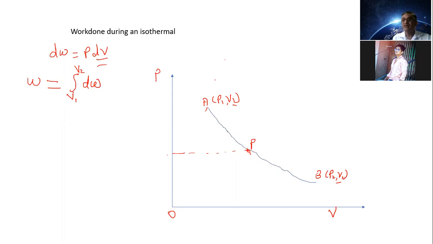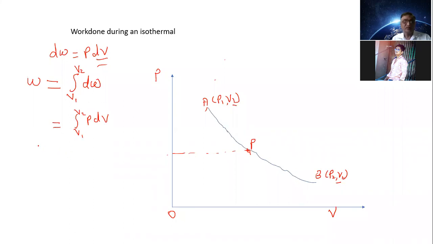That's why the integration limits are V1 to V2. But dW is equal to PdV. We can put the value of dW here, and that is why we can write integral of PdV, integration limit V1 to V2.